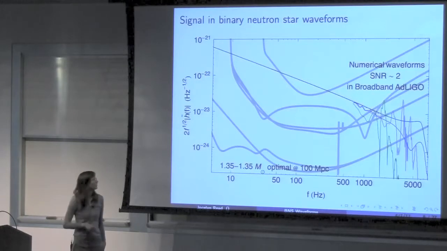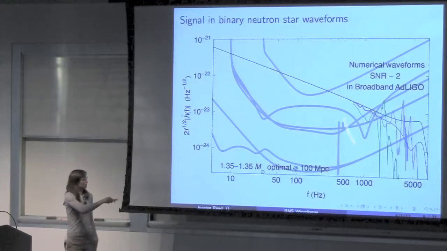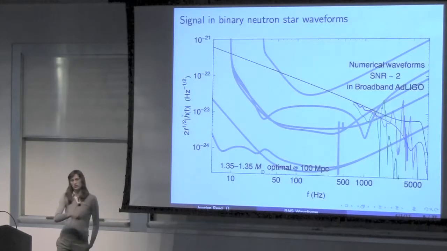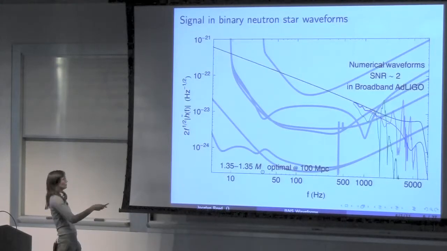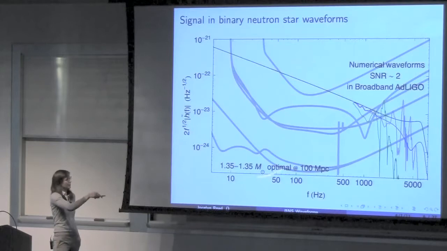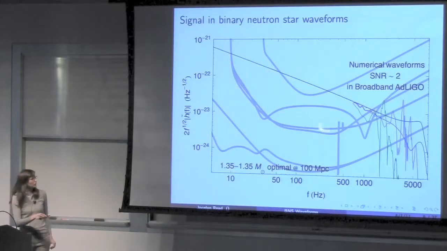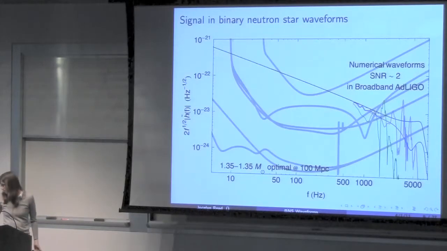You can see by its dramatic departure there. And so this length of signal starting at around 700 hertz has a total signal to noise ratio of about 2. So this is not something you can detect alone, but given the trigger of a loud in-spiral, there's definitely a lot of structure here that would be interesting to attempt to tease out.